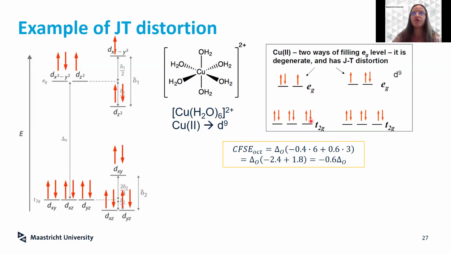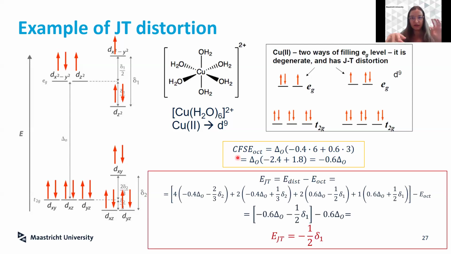So first of all, if you look at the octahedral arrangement, we could calculate the crystal field stabilization energy from the octahedral point of view, which is minus 0.6 delta O. To calculate the gain that you will get, if you get any gain from a Jahn-Teller distortion, then you need to consider the energy of the distorted configuration minus the one of the octahedral configuration.